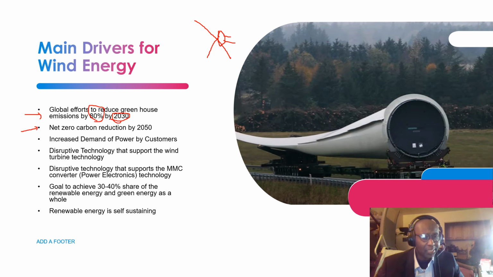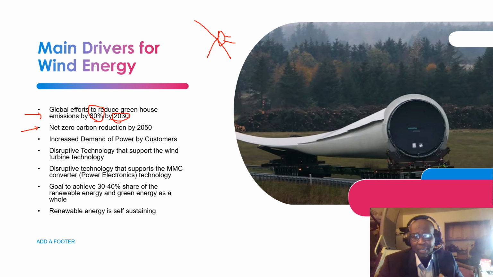Next is net zero carbon reduction. For traditional energy sources, power plants generating electric power have used coal, natural gas, oil, and nuclear. The combustion of coal, natural gas, and oil all results in the emission of pollutants into the atmosphere, and to be specific, emission of carbon dioxide.